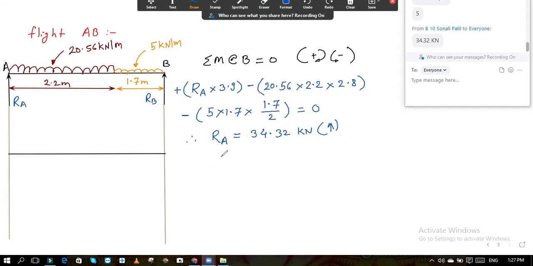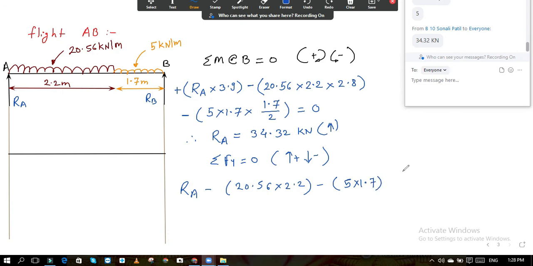Now apply summation Fy equal to 0. Upward forces positive, downward forces negative. So RA is moving up, so plus RA, minus this load 20.56 into 2.2, which is the point load, minus 5 into 1.7, plus RB is equal to 0.